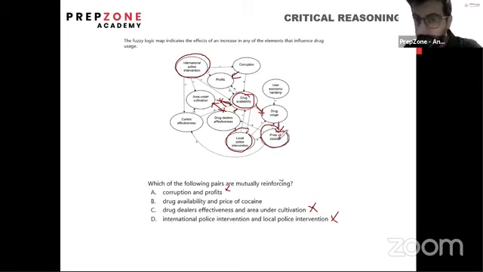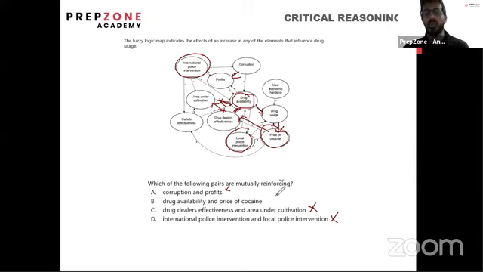If price of cocaine increases, drug dealers' effectiveness increases, which increases the drug availability. So you see over here, there is a link which goes back to drug availability, and there's a link which comes to price of cocaine.